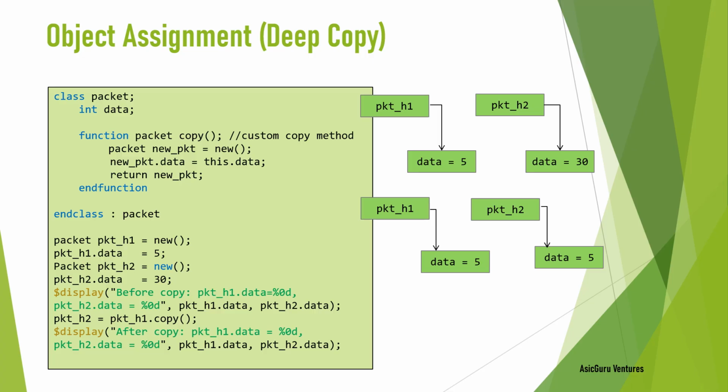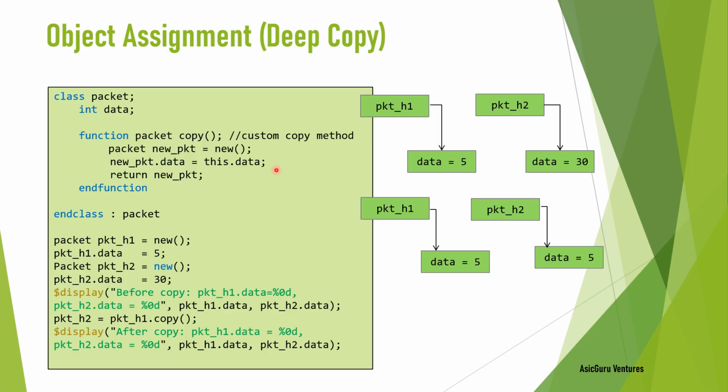So this is an example of deep copy. We are again taking the packet class with only one property, that is data. Inside the class, we are defining a custom copy method. Inside this method, we are creating a new object using new and then copying the data from the current object using the statement this.data.